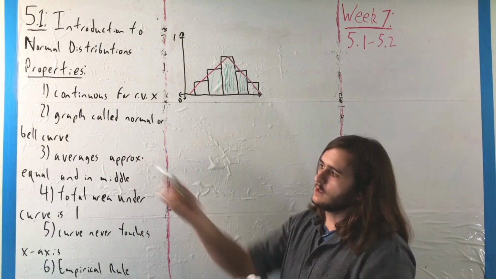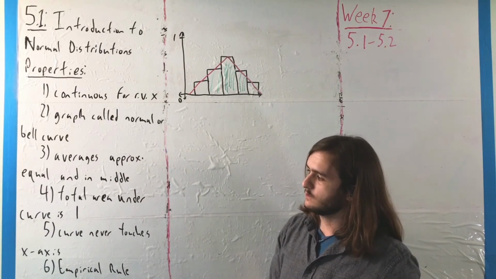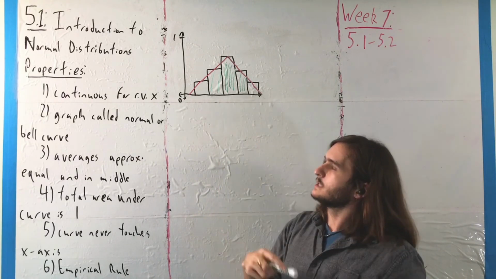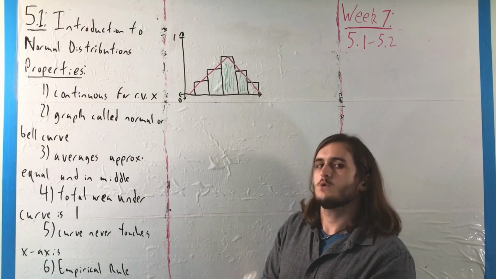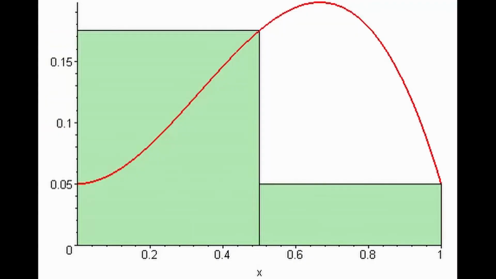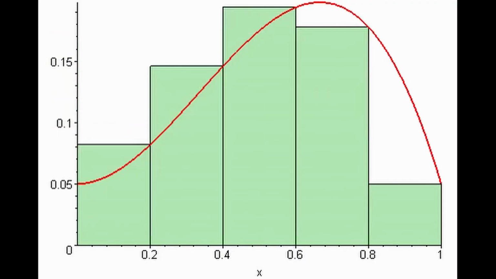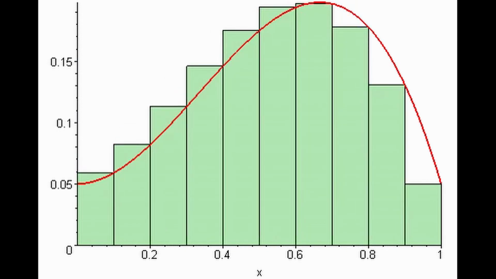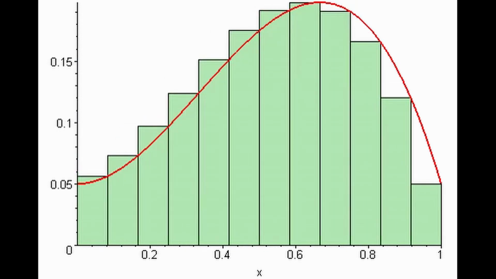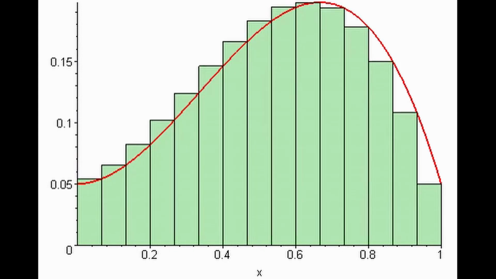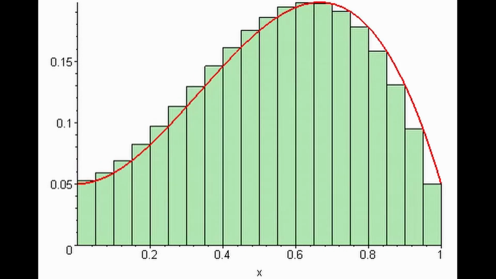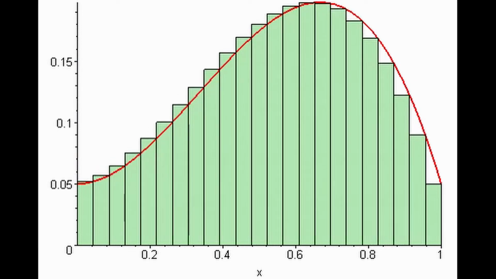That's essentially what's going on when we're talking about the area underneath a bell curve: we're taking those pieces, but we're making so many of them. We're taking these bars for our histogram and making them so very thin, so infinitely thin, that it's like they're just lines. And this curve gets more and more exact, gets more and more of a turn to it. It's not quite so flat anymore.